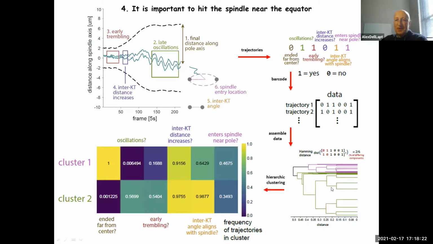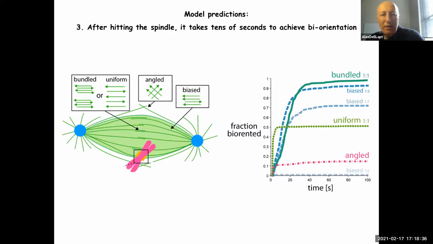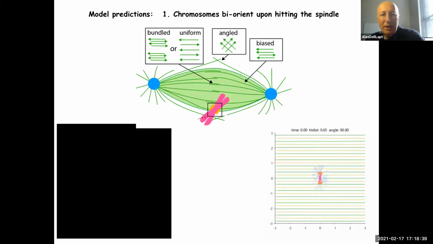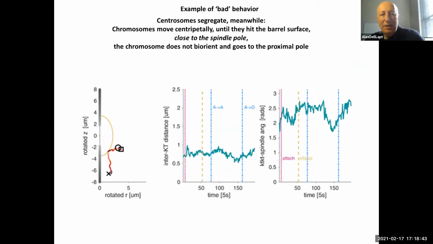And then this clustering procedure tells us a very simple answer, that there are two different types of trajectories. And I already actually showed you these two different types of trajectories, good ones and bad ones. So what I showed you here were the extreme examples of this behavior.